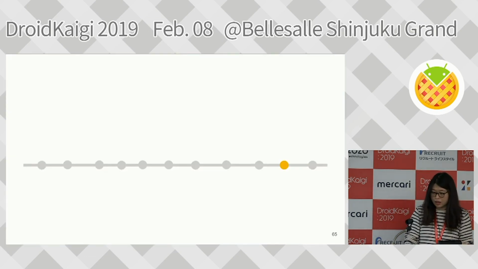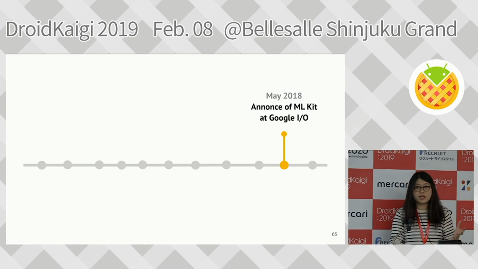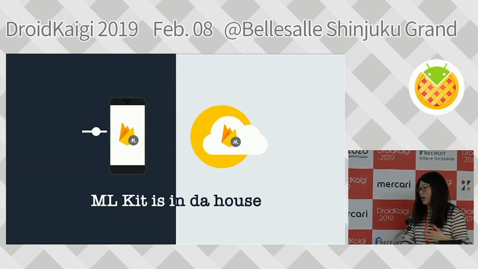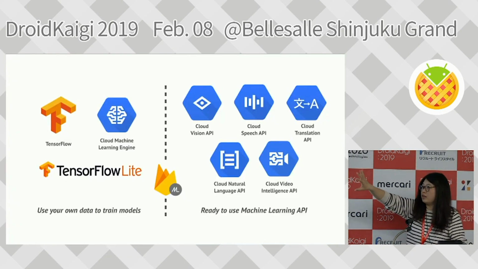Then at Google I/O last year, I think you all heard about the release of ML Kit. ML Kit is actually a part of Firebase now. It's a part of the Google products which allows you to use your own training data to train your own models.